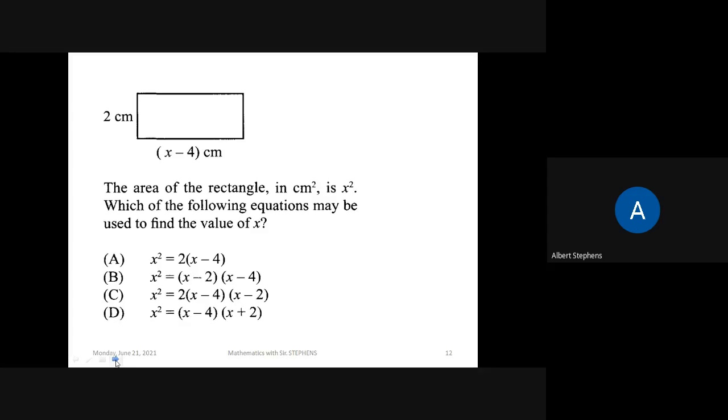Man, this looks complex, but it's so easy. Who wants to tell me what the answer is? Read it for me, take a few seconds, and tell me what you think the answer is. Let me give a hint: area of a rectangle. What's the formula for the area of a rectangle? Length multiplied by width.